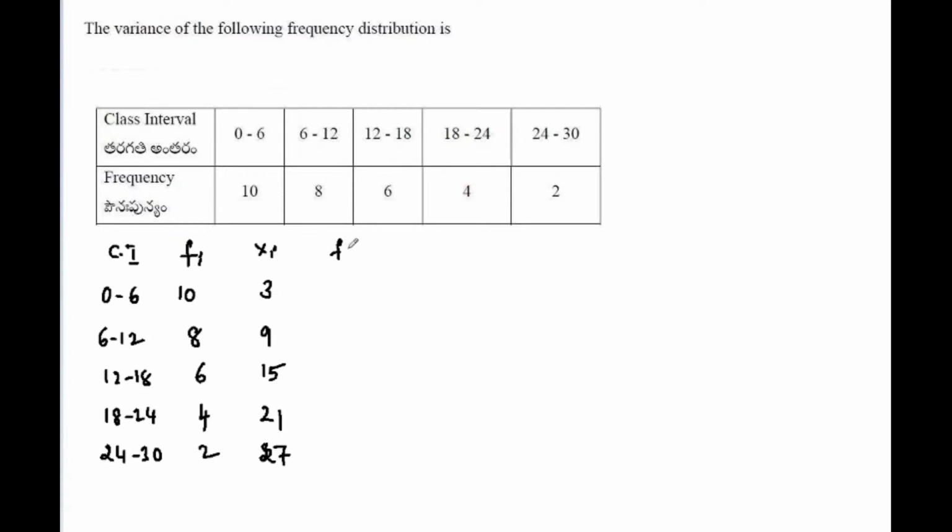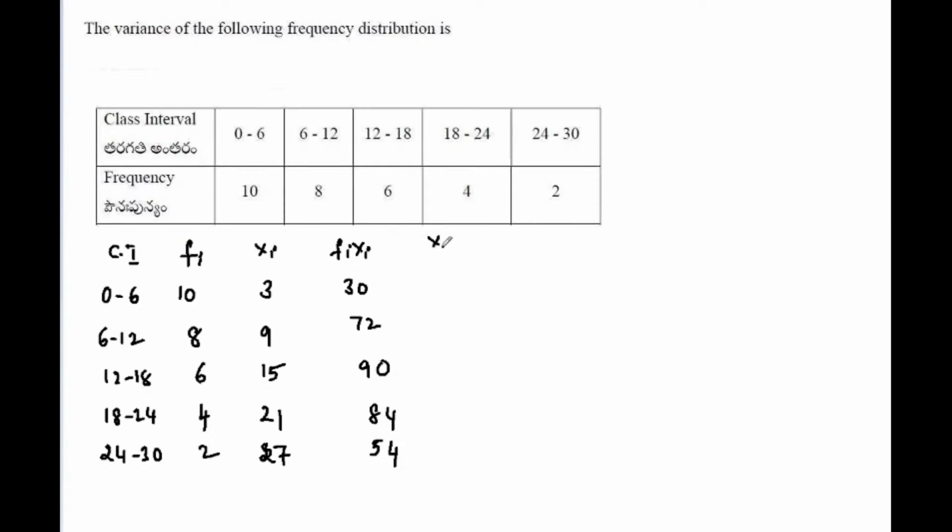Multiplying these two, that is fi into xi, so 10 into 3, 30, 8 into 9, 72, 6 into 15, that is 90, 4 into 21, that is 84, 2 into 27, that is 54.